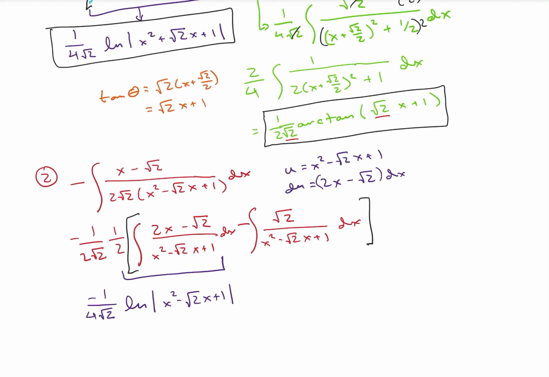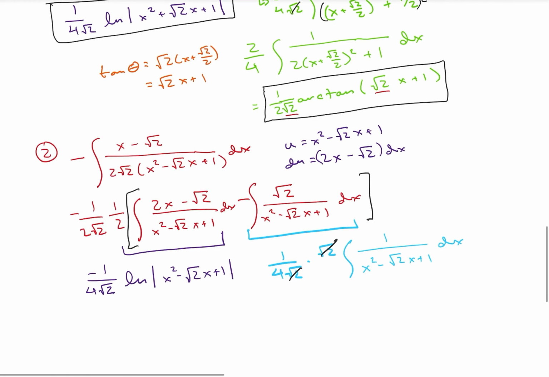And my second integral is negative times negative, so I'm going to have 1 over 4 root 2 times root 2, so that's going to cancel, times the integral of 1 over x squared minus root 2x plus 1 dx. So let's go ahead and rewrite this.